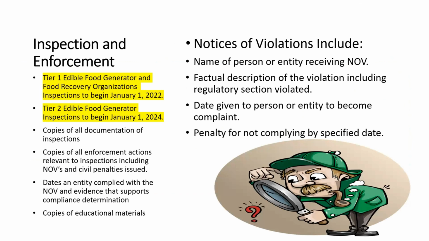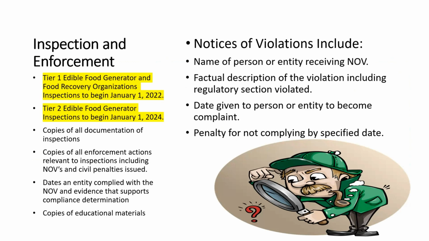Inspection and enforcement, as we said before, you should keep copies for tier 1 generators and food recovery organizations. This should have begun in January 2022. You have about 6 months left before tier 2 starts coming into play.